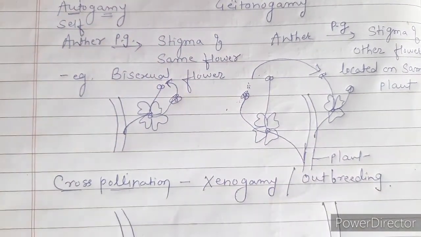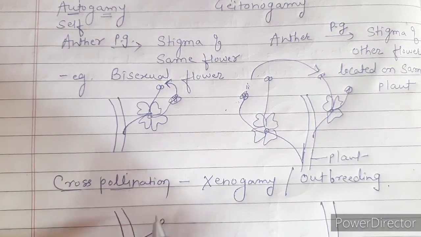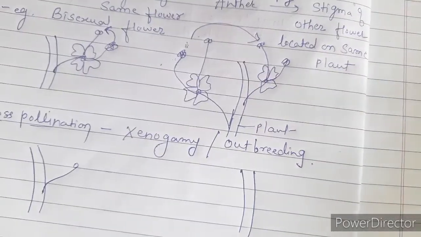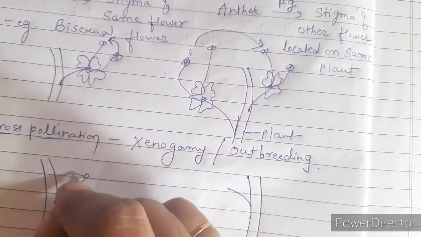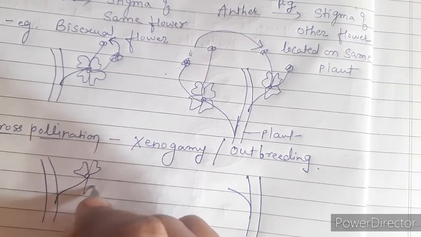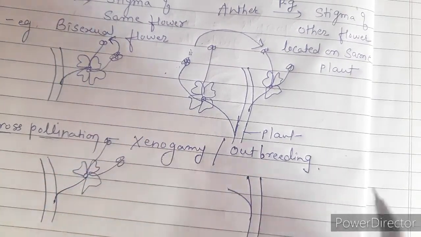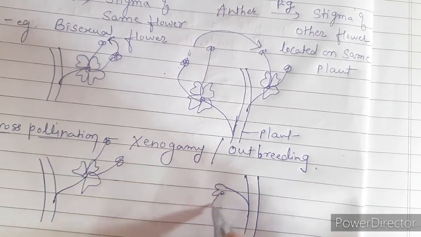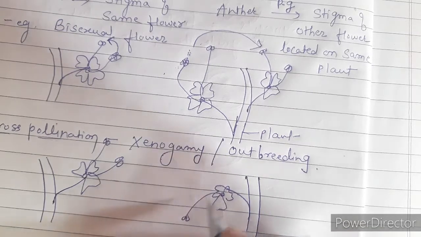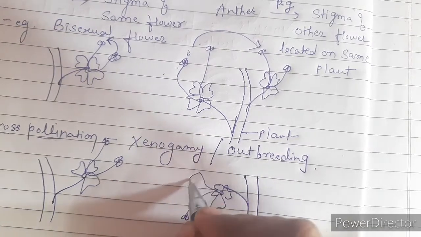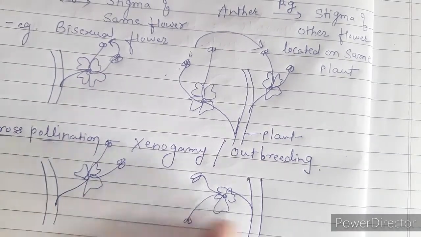Now two flowers are there. Here there is a flower. Okay. Suppose here the stamen is there. Again there is a flower here on this other plant. These are the stems. Two different plants are there.